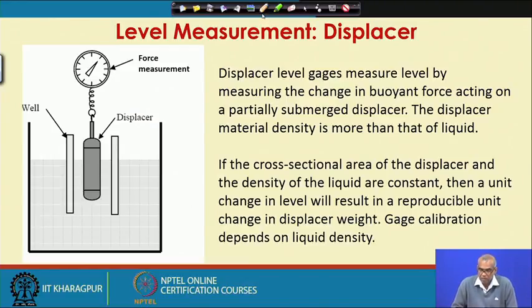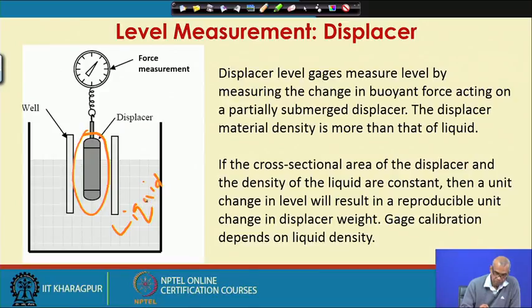The displacer material density is more than that of liquid. So, this is a displacer which is partially submerged in this liquid. The density of the displacer material is more than the density of the liquid.